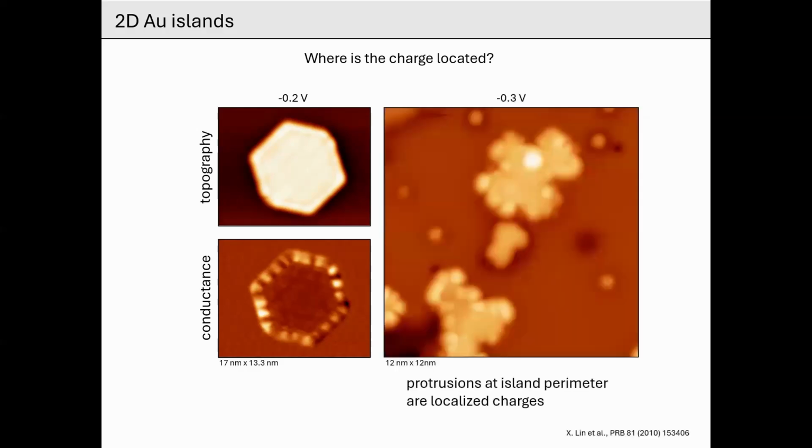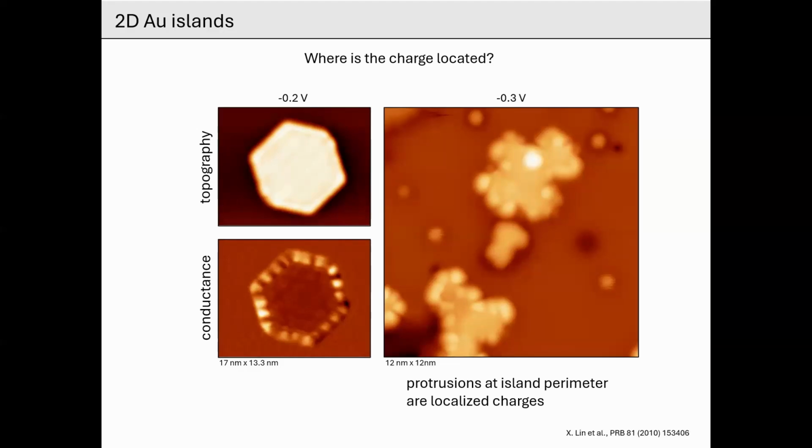Now you can also form these clusters that are not so perfectly hexagonal shaped, but more irregular shaped, and then you have more low coordinated sites. What you see here on this image then are these bulbs or protrusions, these localized electrons that we have on the particle edges or low coordinated sites.